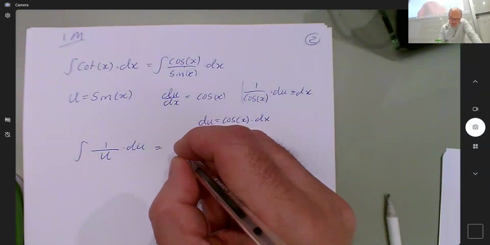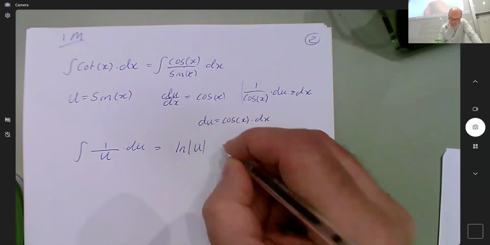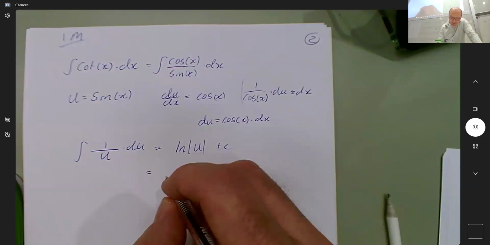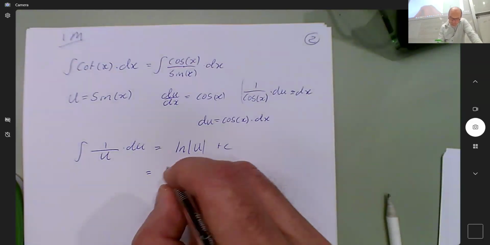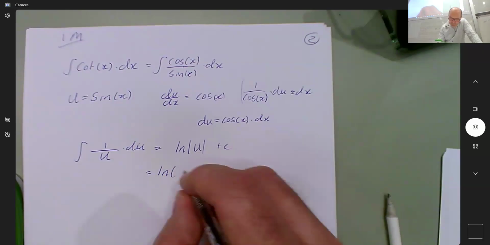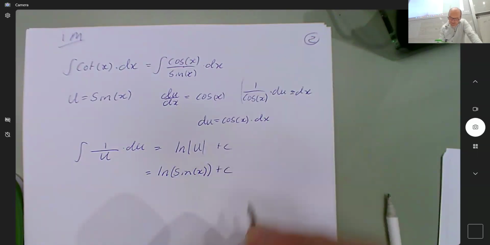And so my answer is going to be ln of u plus c. And then this is going to be ln of sine of x plus c. All right.